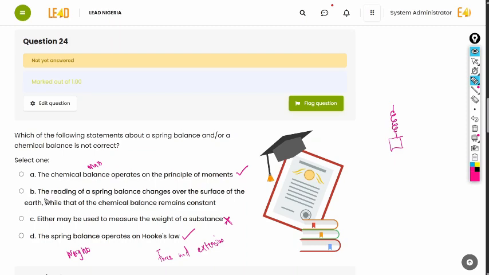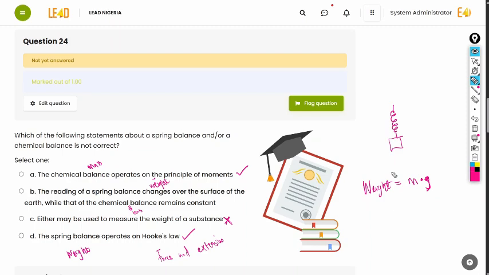Okay. B says the reading on the spring balance changes over the surface of the earth while that of the chemical balance remains constant. That's true, because the chemical balance measures mass and mass does not change, but the spring balance measures weight, which is mass times acceleration due to gravity. This acceleration due to gravity changes as you go from the equator towards the poles.